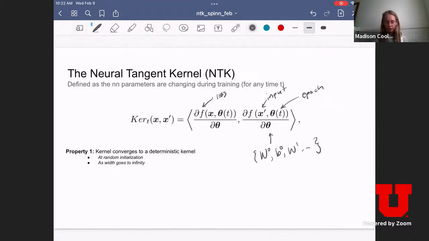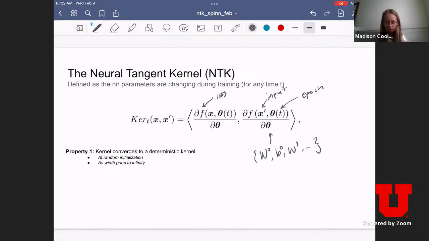So yes, sorry, they actually do show a relationship with Gaussian processes. They define this kernel as the dot product of the gradients with respect to these two input instances, with respect to the whole neural network.